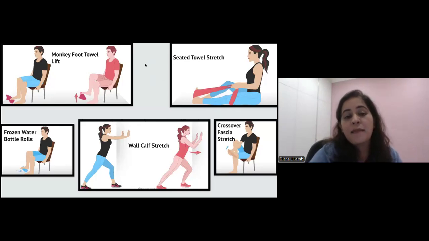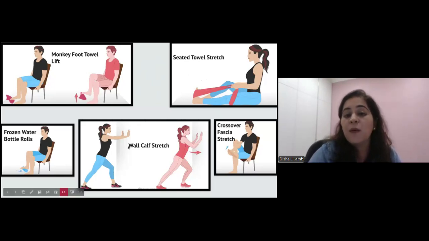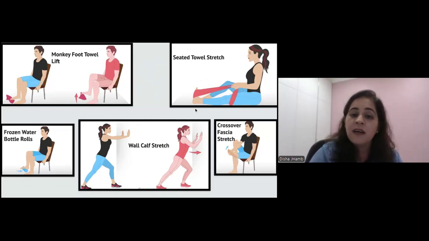Next, if you come and say that the pain has gone to level 6, it means you need to go slow with the exercise. You need to follow a very beginner level of exercise, like this crossover fascia stretch or this seated towel stretch. Exercises like this need to be avoided at that point in time. You will slowly build up the strength in the fascia, and that is how you need to progress.